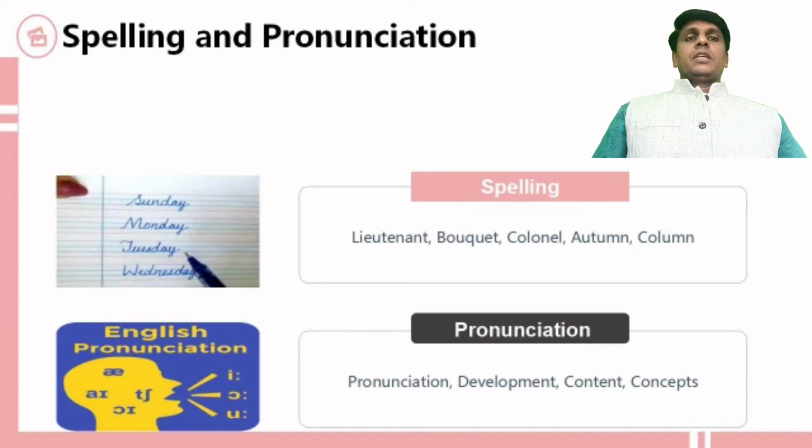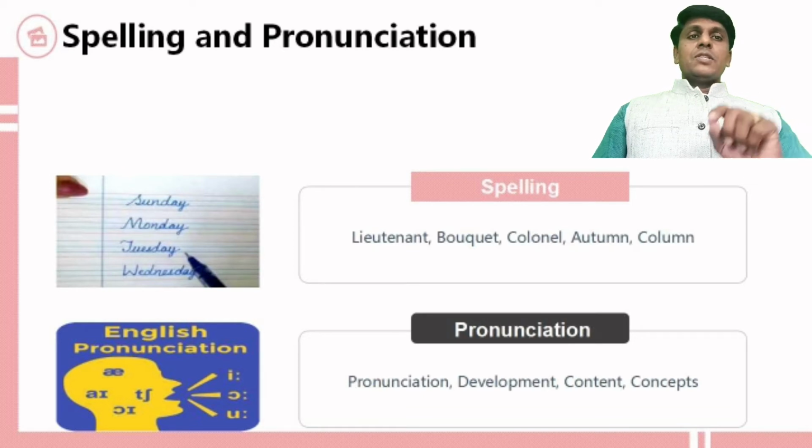I use in my speaking the word lieutenant, but I don't know the spelling of the word, that is L-I-E-U-T-E-N-A-N-T. I know the word bouquet, a bunch of flowers. But do I know the correct spelling?